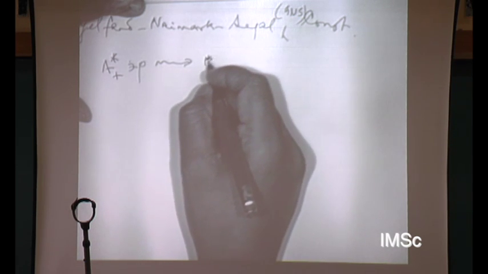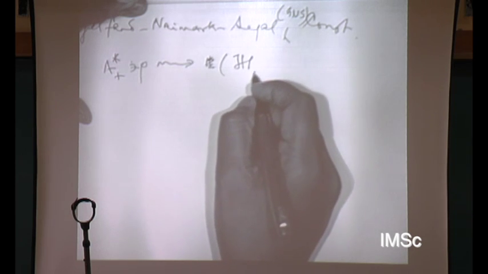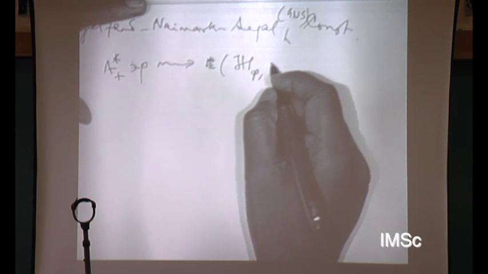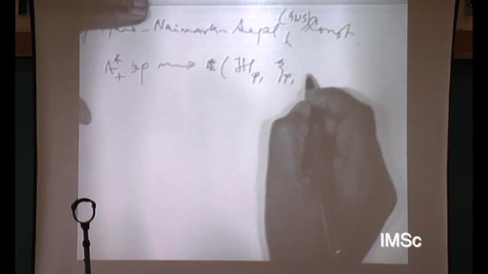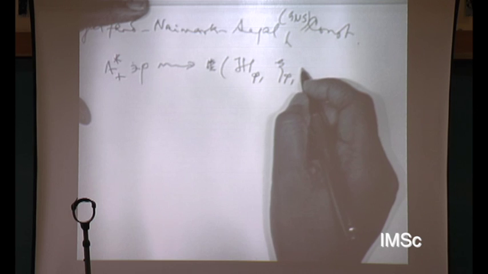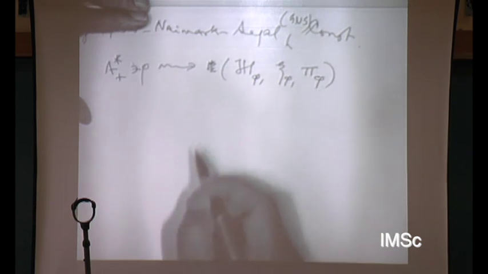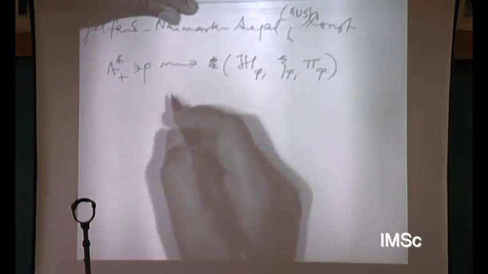So in fact I'll write it this way. You construct a Hilbert space H phi, depending on phi, with a certain cyclic vector which I'll denote by psi phi, and a representation pi phi. This whole thing is called the GNS construction.